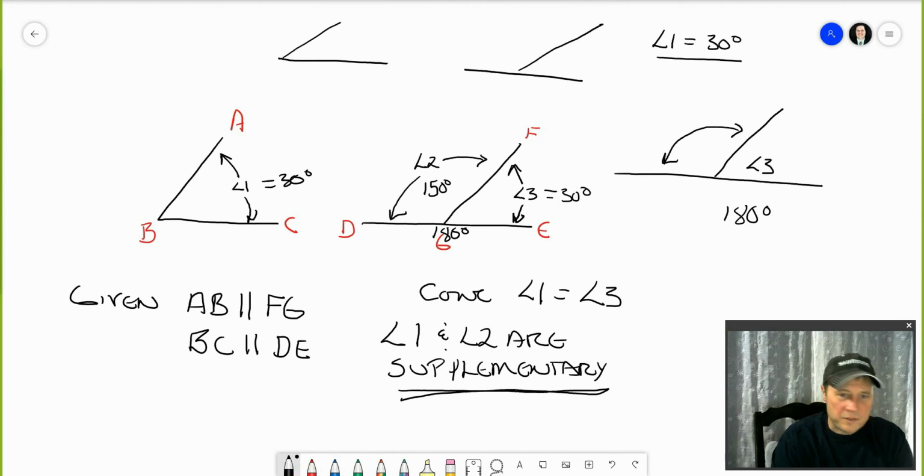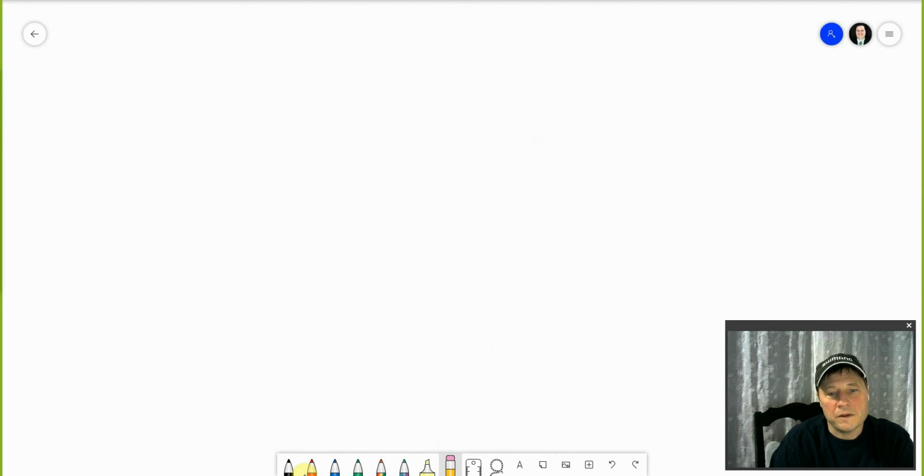The last principle that we're going to talk about, which is going to bring us to the end of our session here, this one's a little tougher. I'm going to try and draw it up here, and then I'm going to do a second example.